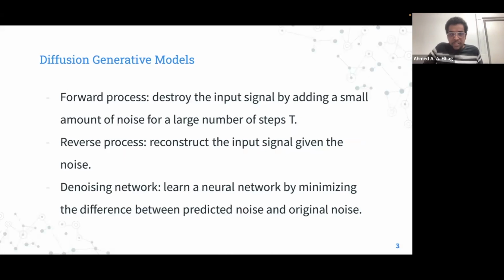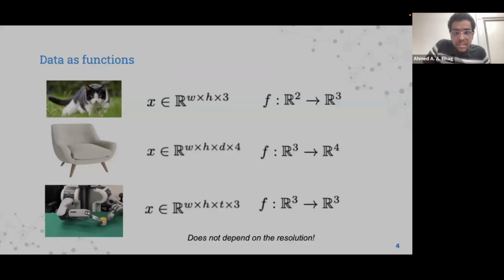So we can break this into three main components. You have the forward process, where you destroy your input signal, usually with a very large number of steps with a small amount of noise. Then the reverse process, and then the denoising network.